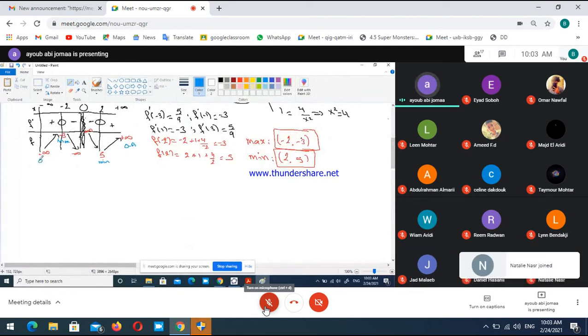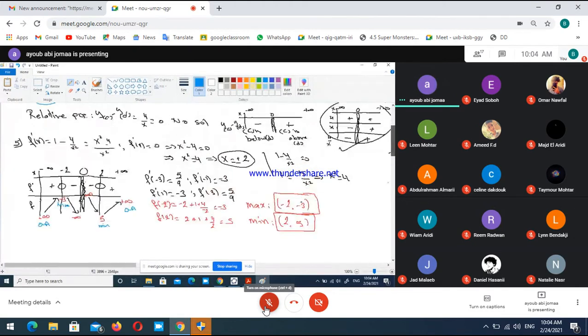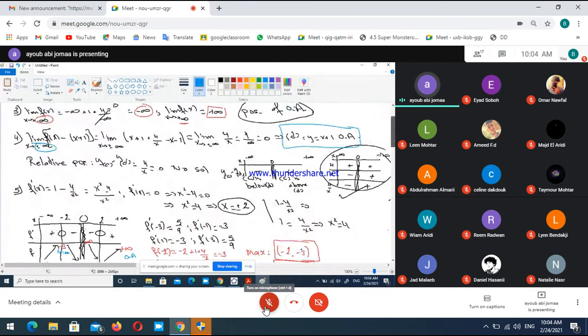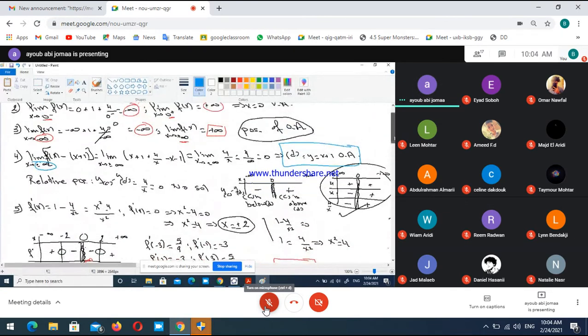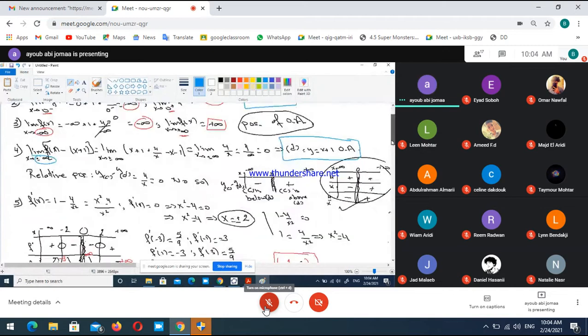Just note that the function starts from the oblique and then increases, and here from the minimum and then increases to the oblique. Moreover, you have x equals 0 as a vertical asymptote. Right? X equals 0 as a vertical asymptote. Also add it on the graph.